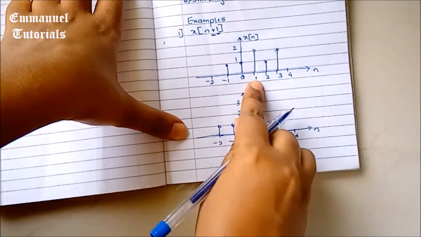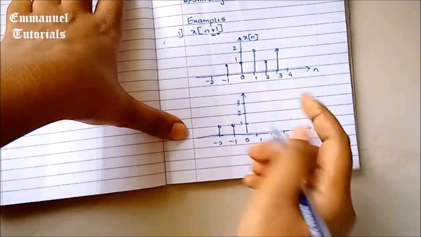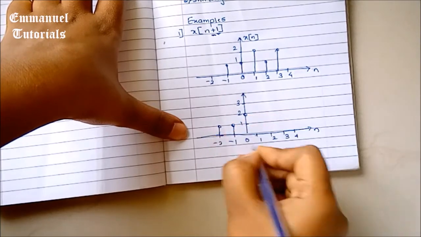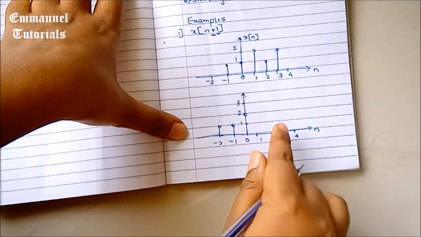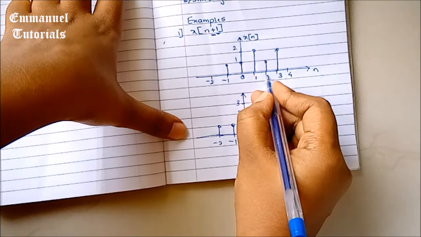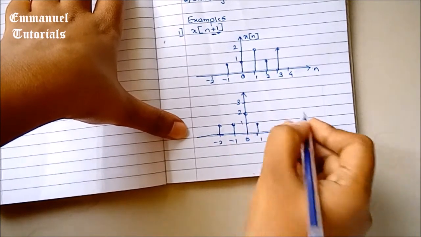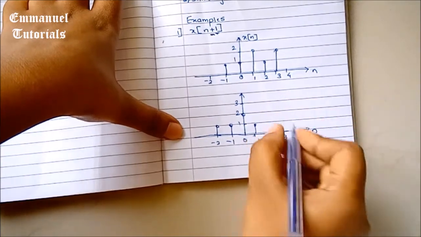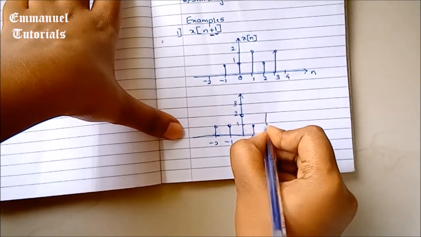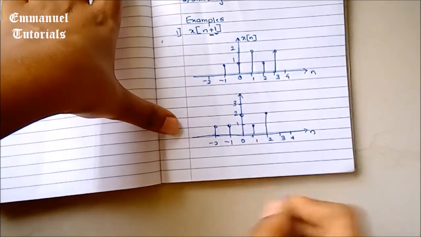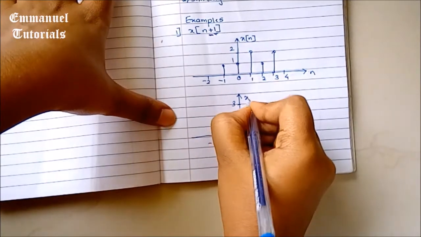And at 1, the amplitude is 2. So this would be shifted to 0 and the amplitude will be 2. And similarly at 2 it is 1, and at 3 it is 2. So this will be the resultant signal.